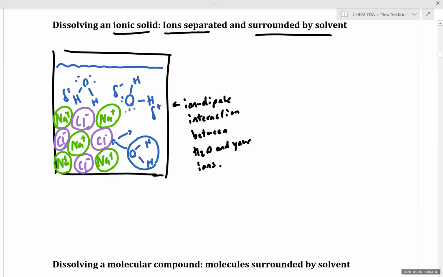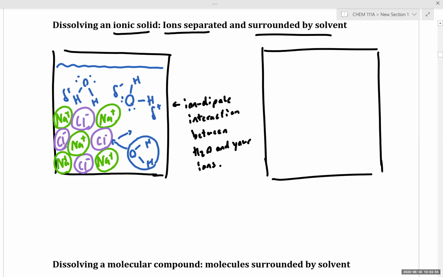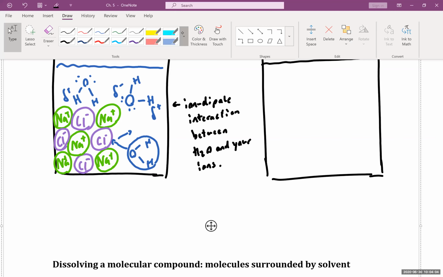And this water molecule is going to be able to pull this sodium ion or this chloride ion away from the ionic lattice. So it's almost like we're taking apart our ionic solid and placing the ions into solution step by step, almost like taking apart a Lego kit.